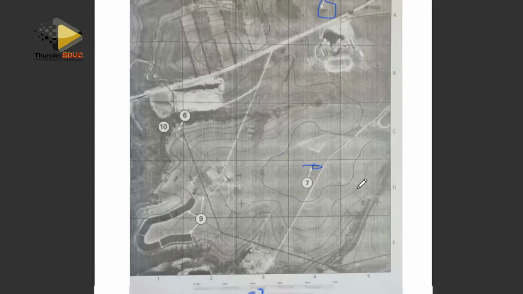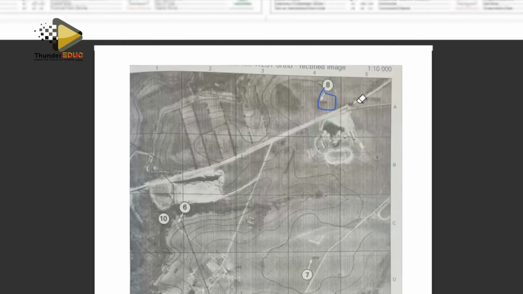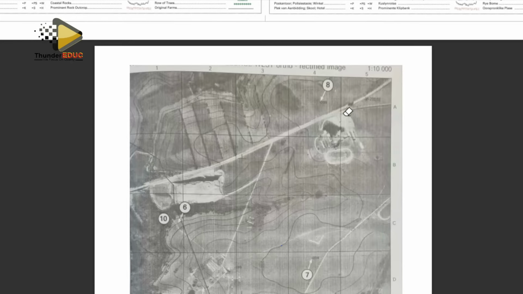We go quickly here. I will first of all take this out. And then you look for the height for that place and the height for the other one. Let me also take this one out. Okay.